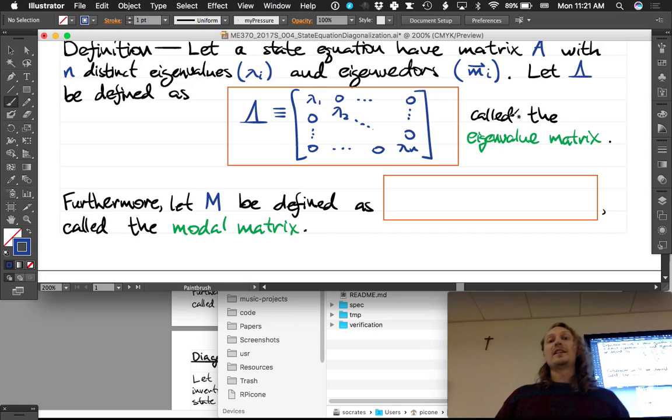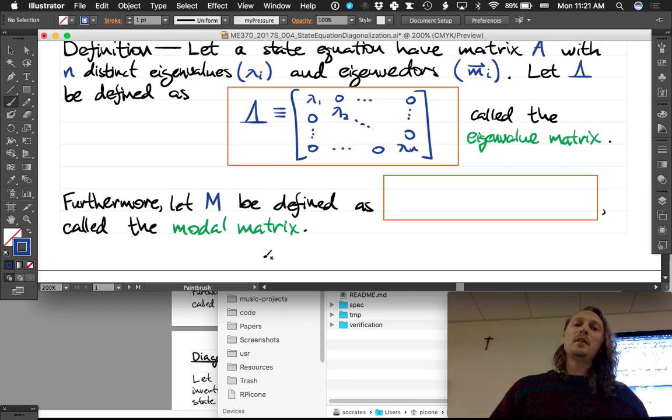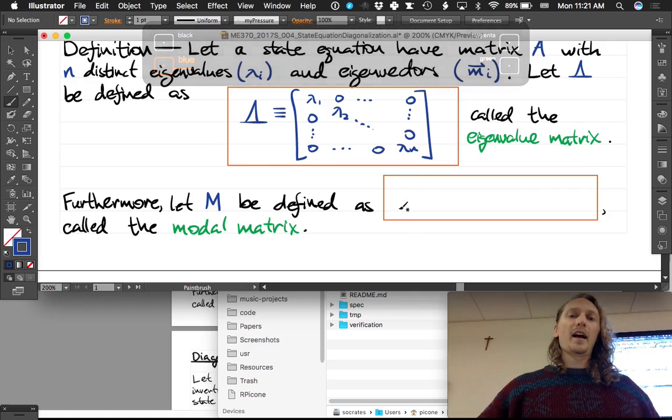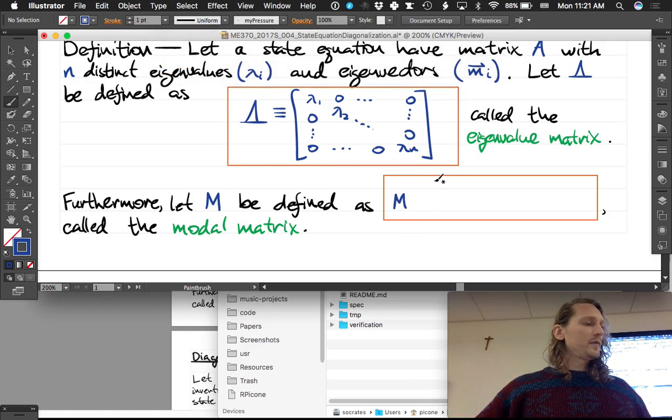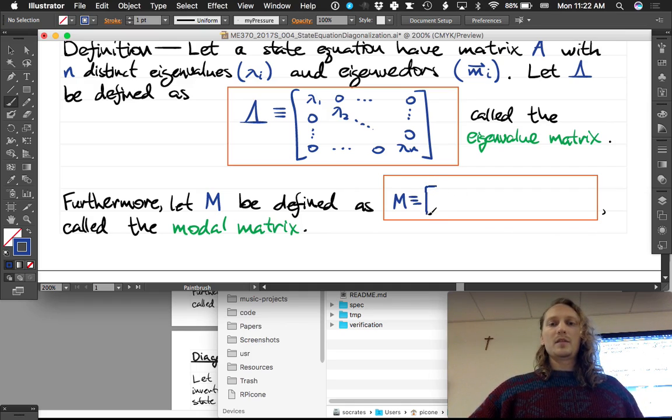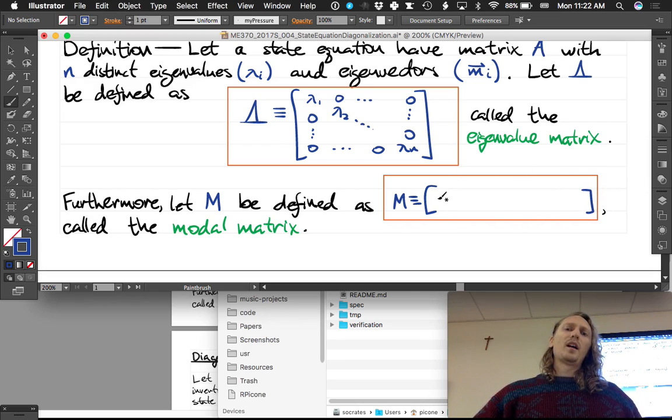Interesting fact. Well, I'll wait till after this. So furthermore, let capital M be defined as, and now I'm going to use this notation. I'm going to write a matrix, but I'm going to put vectors in it. So this is a notation you probably haven't encountered yet, but not to worry. It's pretty straightforward. So m1, m2.